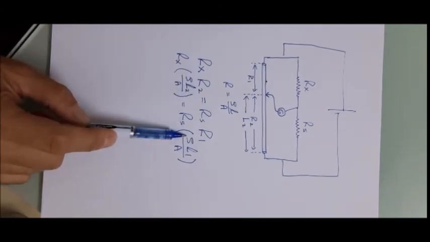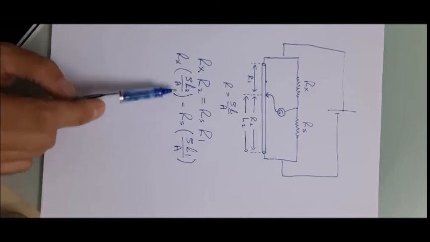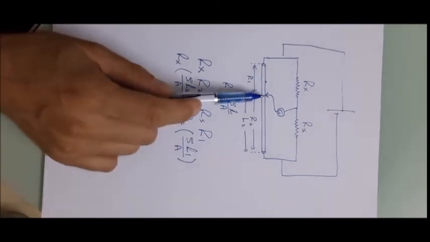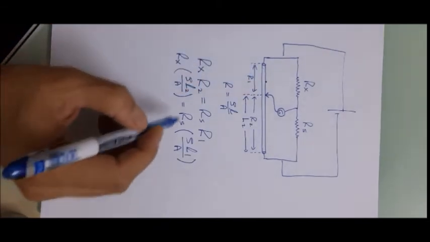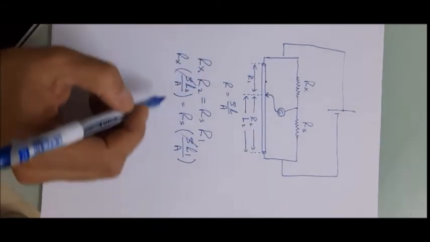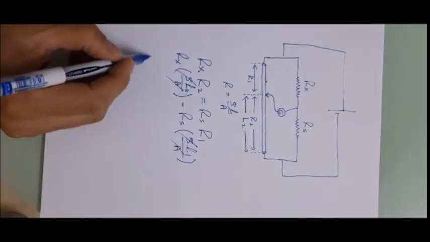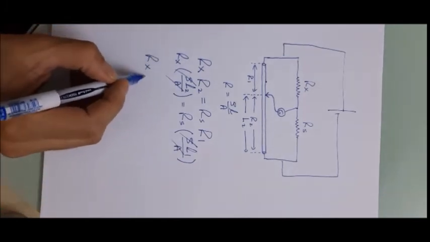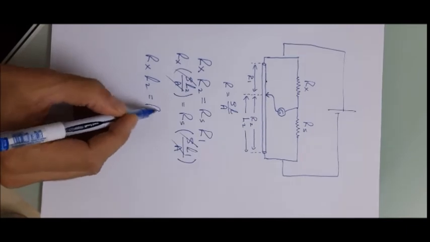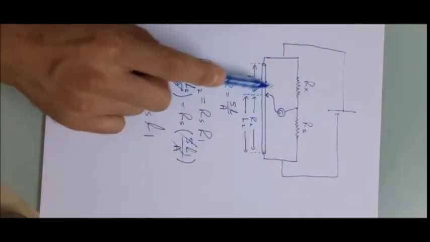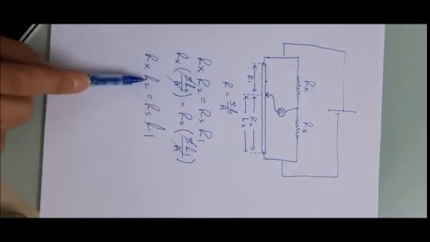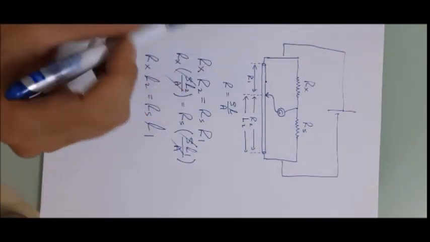Resistivity is the same for both sides, area is the same for both sides, but the length of the right side is different than the length of the left side. So I can cancel out this resistivity and this area, and I come out with the relation Rx L2 equals Rs L1. So it's the same relation as before, but we replace the resistances by the lengths.